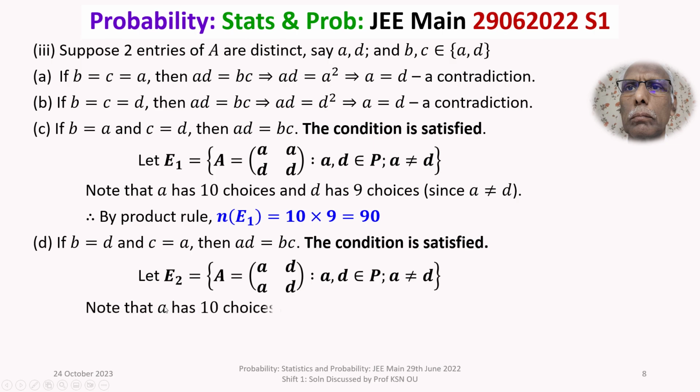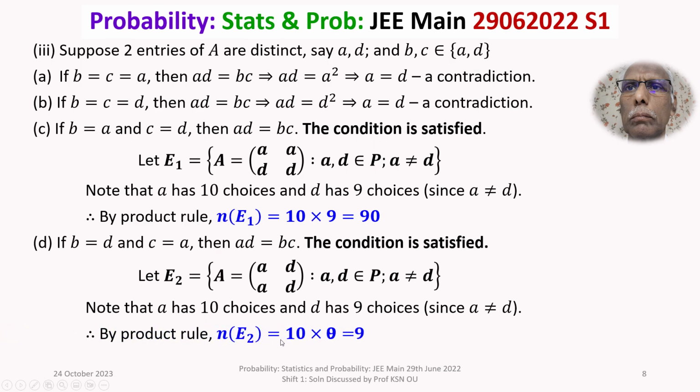A has 10 choices, having chosen A, D has 9 choices since A not equal to D. Therefore, by product rule, N of E2 is equal to 10 into 9, 90. So thus we have found this one.